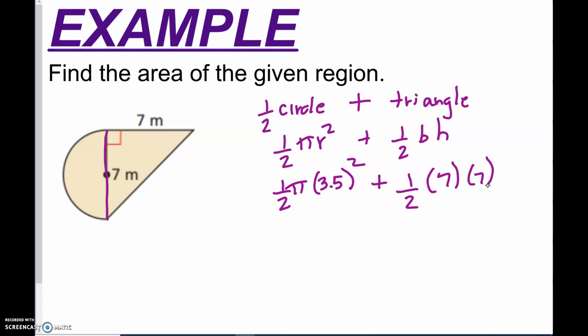So now it's just a matter of plugging all of that into our calculators, and I rounded to the 10th for this particular answer. And so I got 43.7, and my label is going to be meters squared. So just remember to do that 1/2 because we don't want a whole circle. We only want half of the circle.